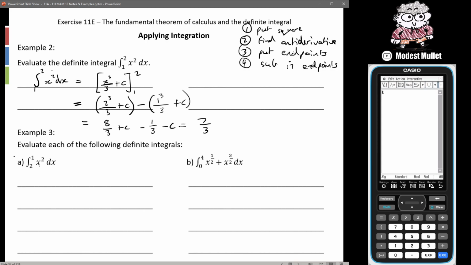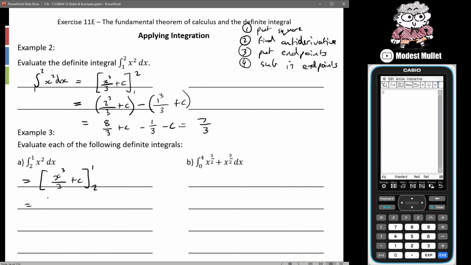Okay. Sometimes we're given numbers that aren't written left to right. We can still substitute them in. We just have to be careful with our order: we substitute the top number in first, then the bottom number second, and we do a subtraction between them. So this is equal to, add 1 to the power, divide by the power, plus c, between 1 and 2.